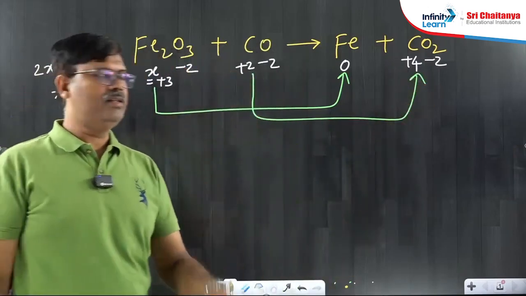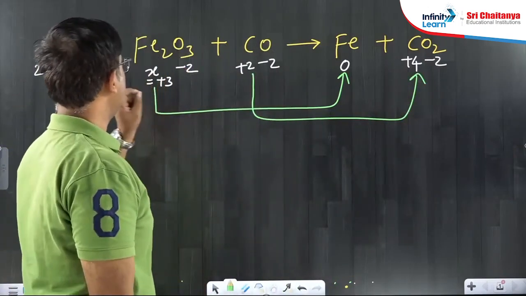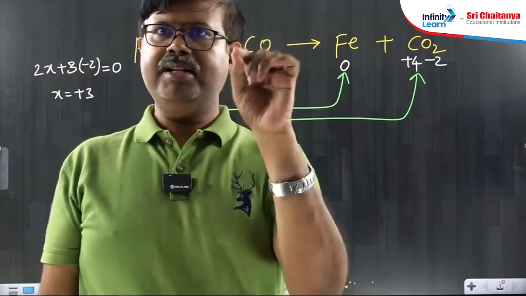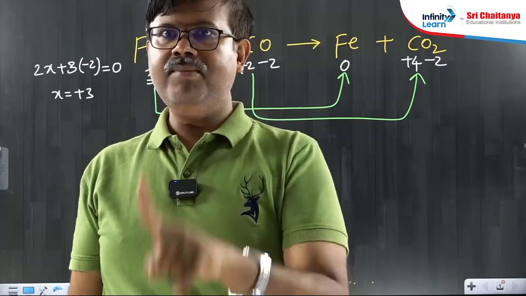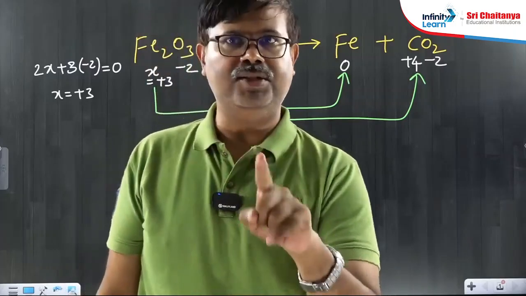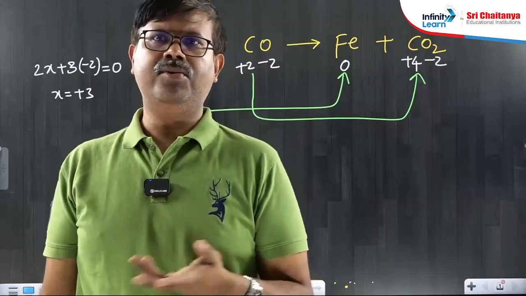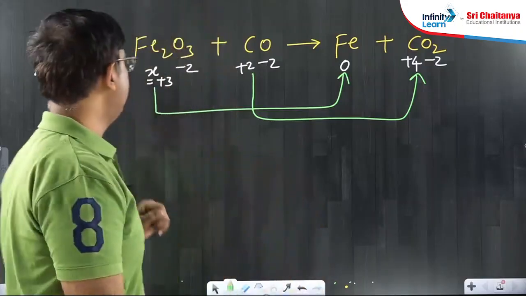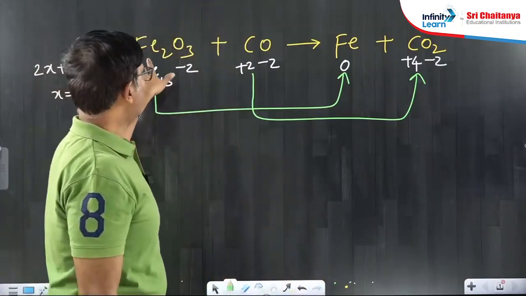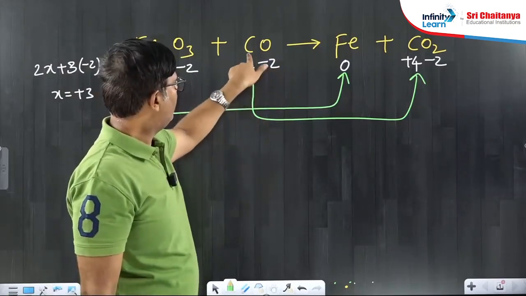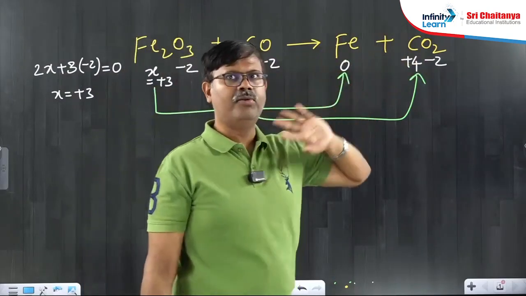Find the total change. First see, yesterday I mentioned that the first point is to balance the elements which are undergoing the change. Yesterday's examples were already balanced, so we did not utilize the first step there. But see here, which elements are undergoing change? Iron, carbon. Are they balanced on left and right? Yes, one carbon, so no problem.